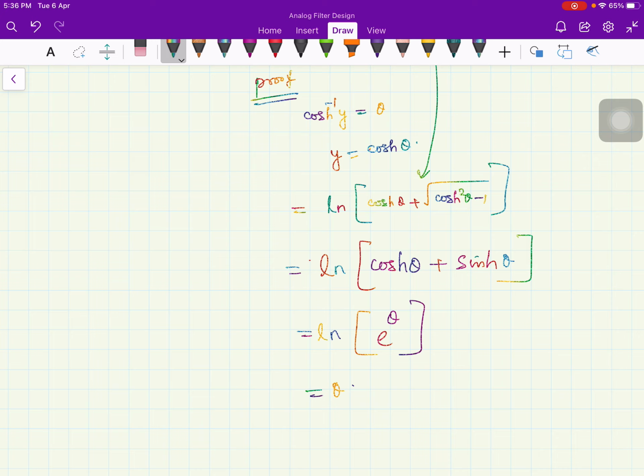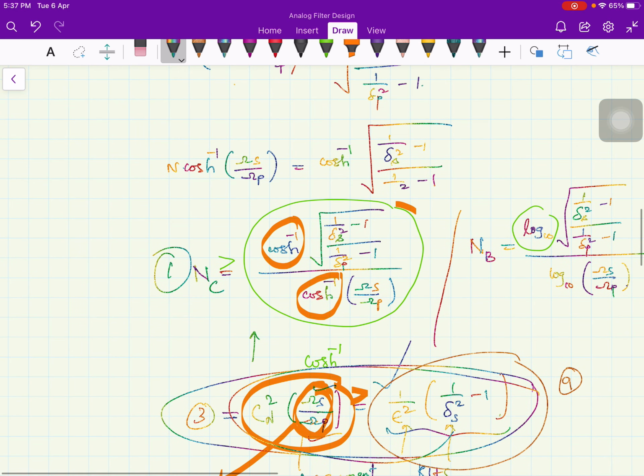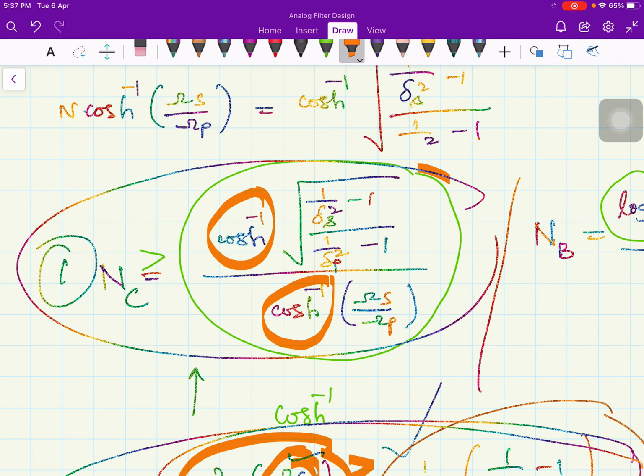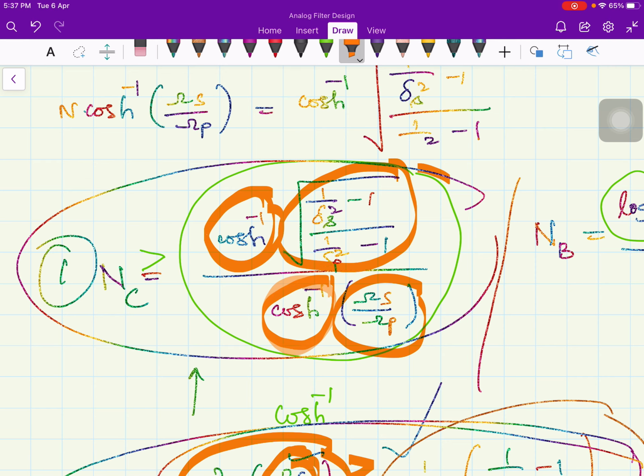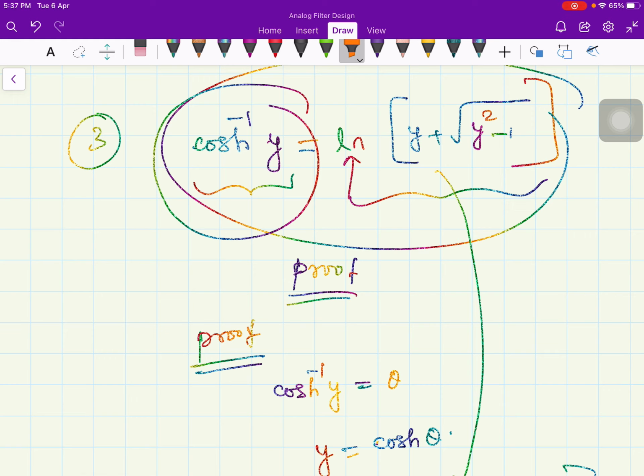It is sometimes expedient to use this third alternative method. You will have to use it both in the numerator and the denominator of the first formula. The whole thing in the numerator you consider as y and the denominator as x, and replace this cos inverse and this cos inverse by the equivalent formula, ln of y plus square root of y squared minus 1.